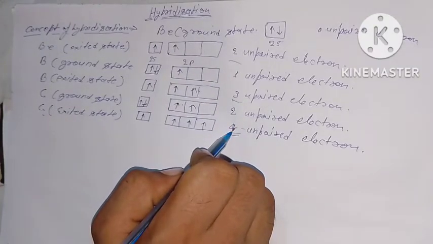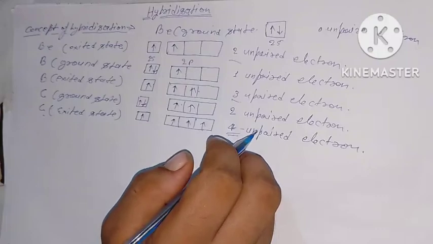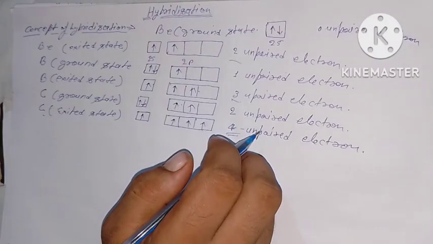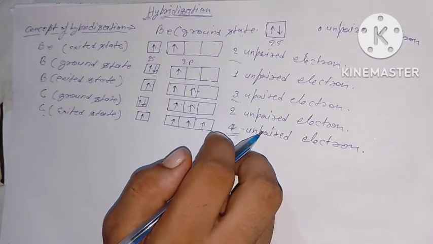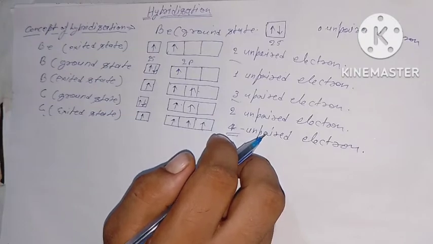But one of the orbitals is s while the others are p. So it is expected that one bond will have different characteristics from the others.